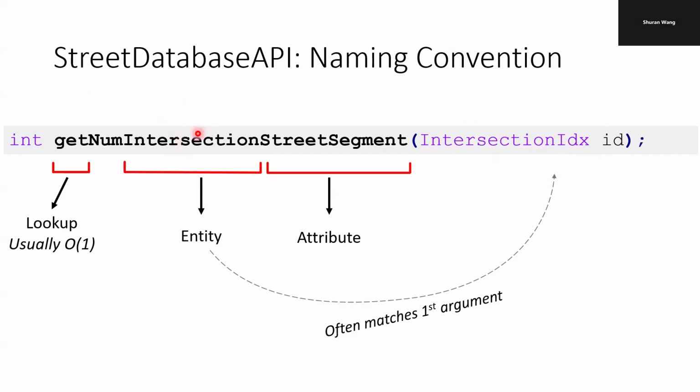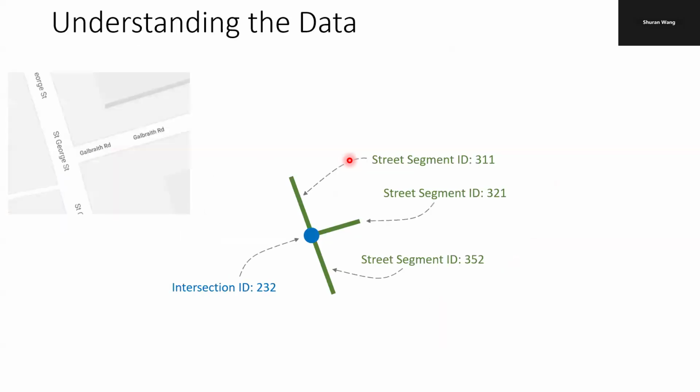We're looking up something related to intersection, and in this case, it's the number of street segments. And that's the general naming convention. You should have a naming convention amongst your teams for the names that you are creating, just for coding style purposes.